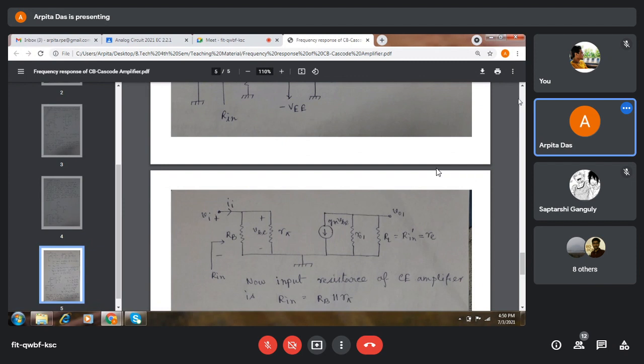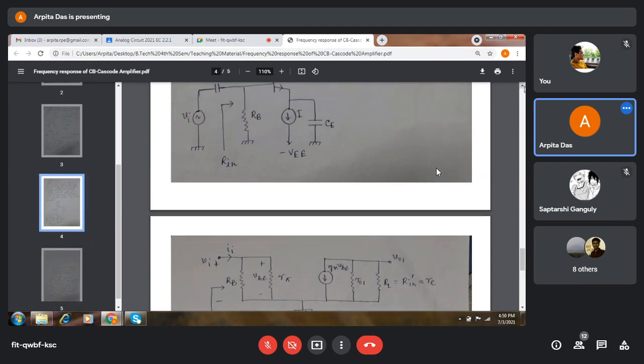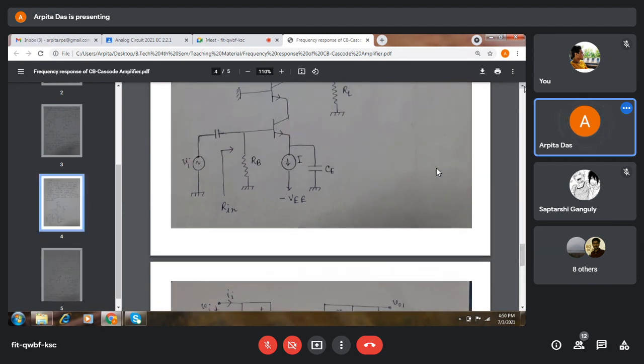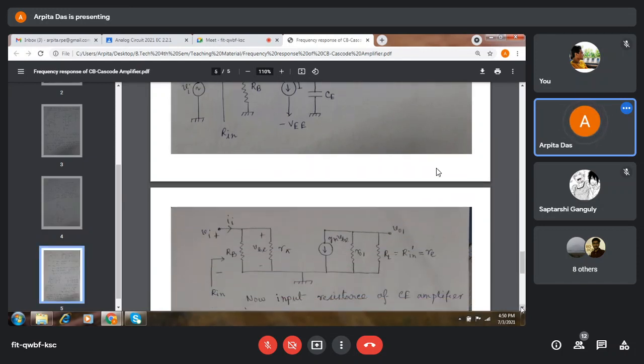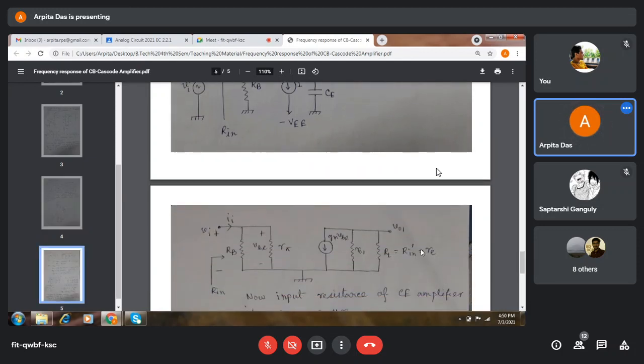And since the second stage amplifier is the CB amplifier, because here the base is common, we know that the input resistance of the second stage amplifier, symbolized as Rin prime, is actually nothing but RE, the emitter resistance of the CB.